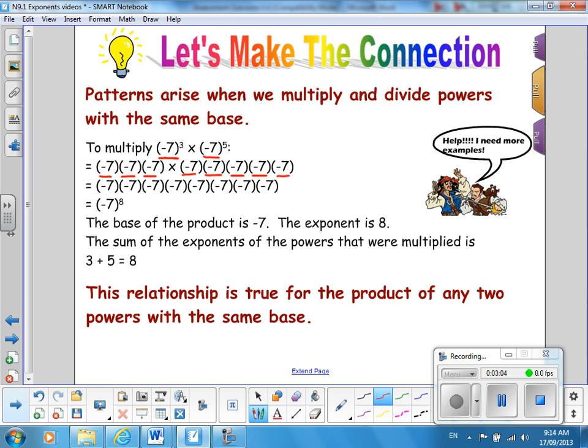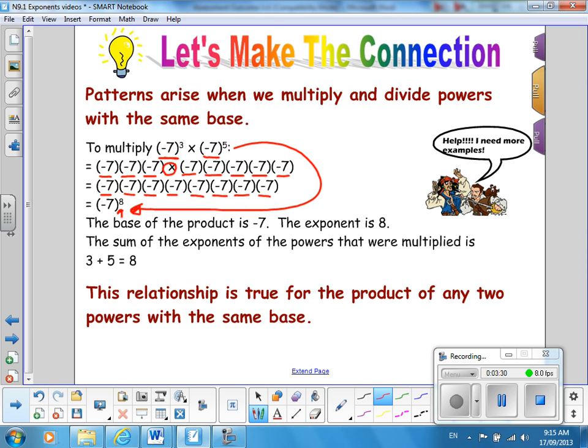Now, because the order of multiplication doesn't matter, we can remove the multiplication sign and just write them all together. We have a repeated multiplication that occurs 8 times. The base was -7, and it occurred 8 times. Do you notice the relationship between here to here?